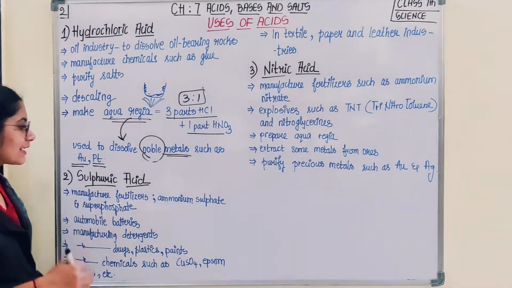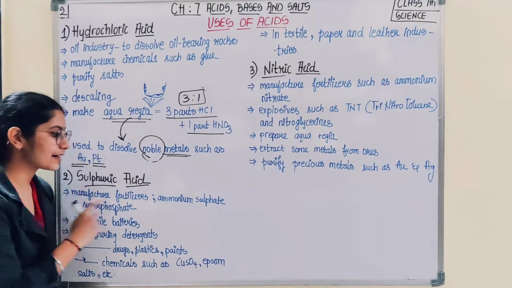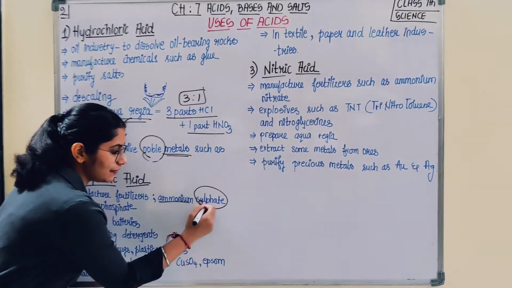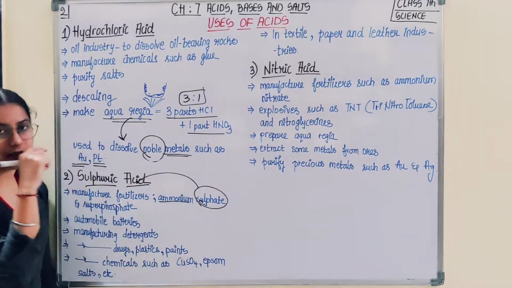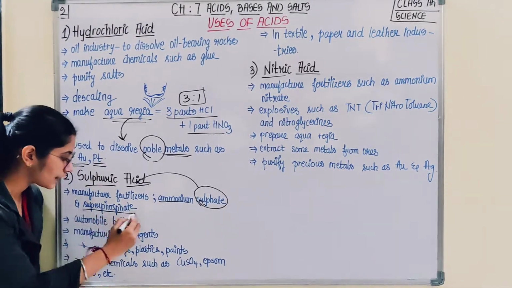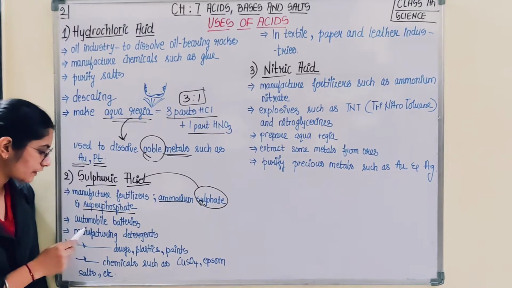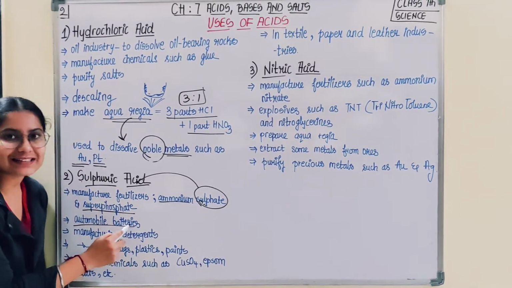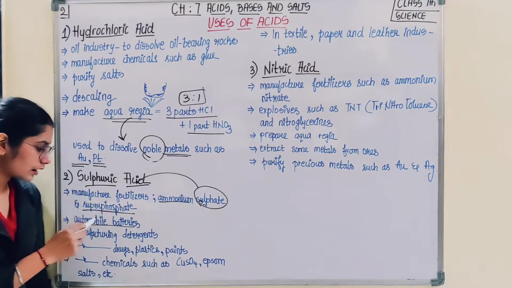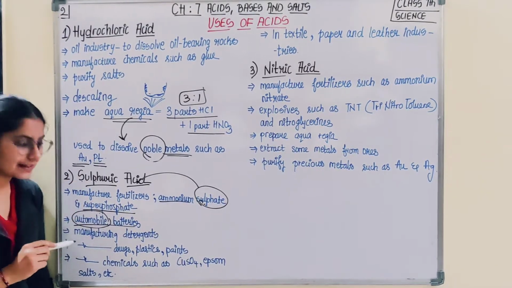Okay. Next is sulfuric acid. Sulfuric acid is used in manufacture of ammonium sulfate. See, sulfate is derived from sulfuric acid. So fertilizers such as ammonium sulfate or superphosphate use sulfuric acid as one of the components. In automobile batteries, the batteries present in automobiles also use sulfuric acid.